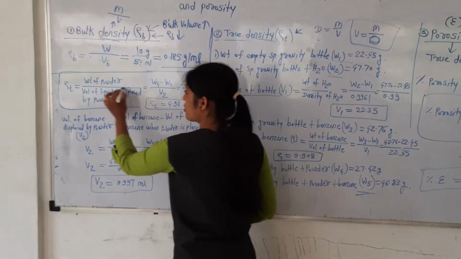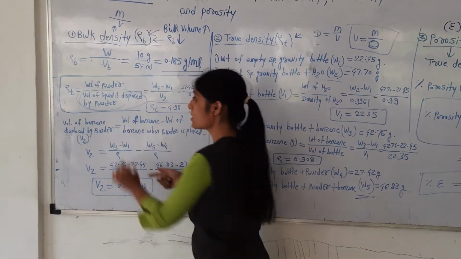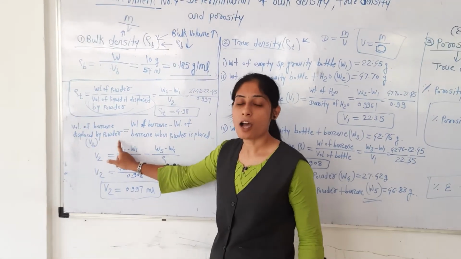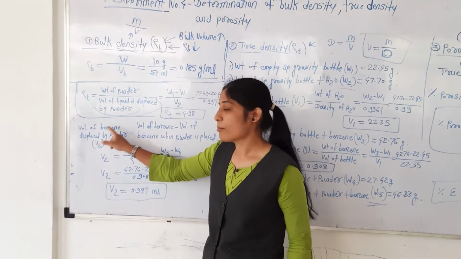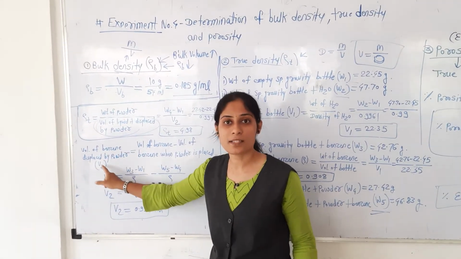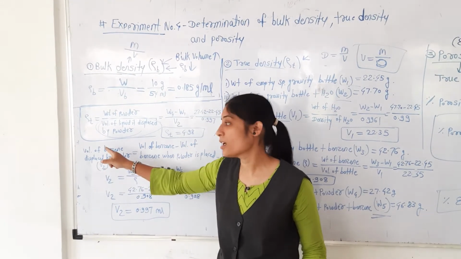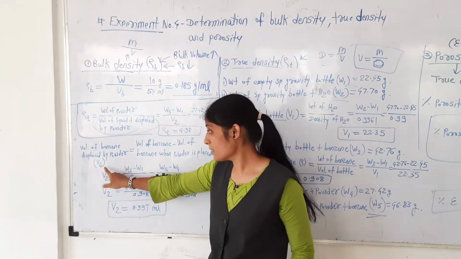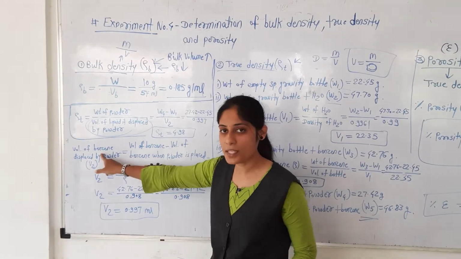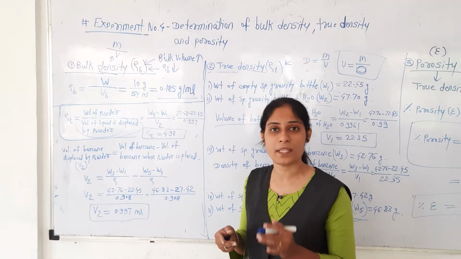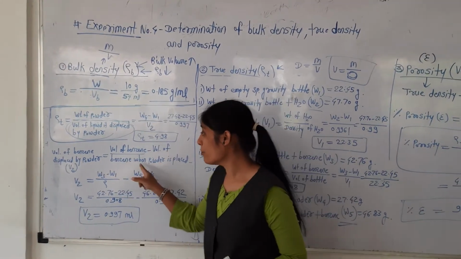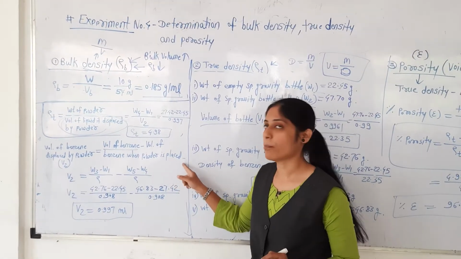So for determination of this term we can use the formula, that is the volume of benzene displaced by powder, means how much powder sample volume is displaced by using the liquid sample. This indicates the V2. And for determination of this volume of benzene we can use two types of volume of benzene. First, the original volume of benzene minus the volume of benzene when powder sample is placed.